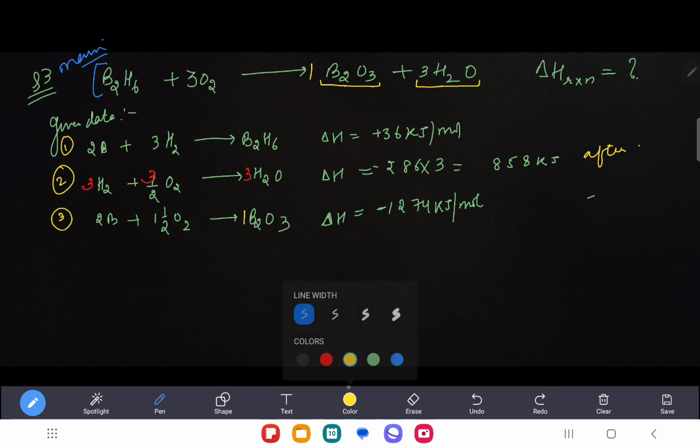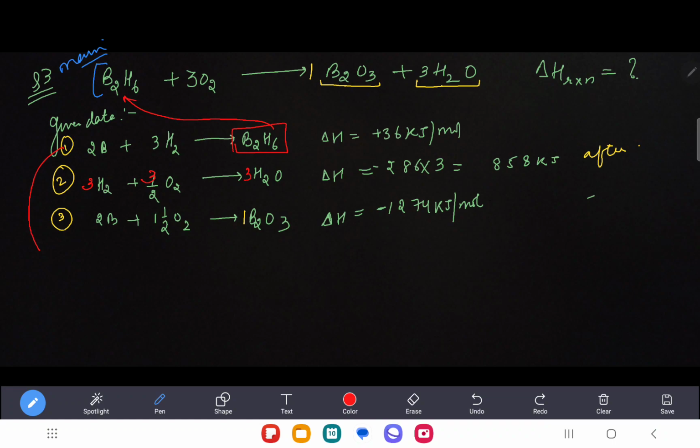And then I have B2H6. I hope you're understanding. So simply now add the equations. Now, I need to reverse any equation? Yes. I need to reverse the B2H6 equation because B2H6 is on the right hand side in the helping equations. But in my main equation, I need B2H6 on the reactant side. So I'm going to just reverse it.